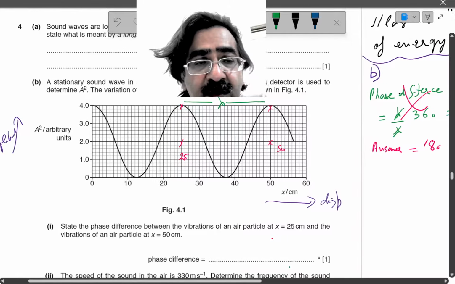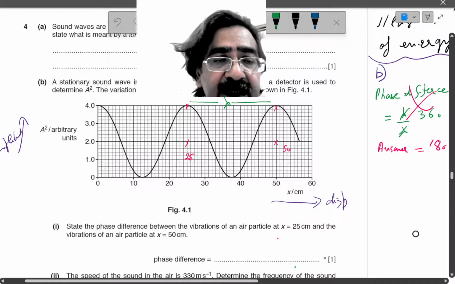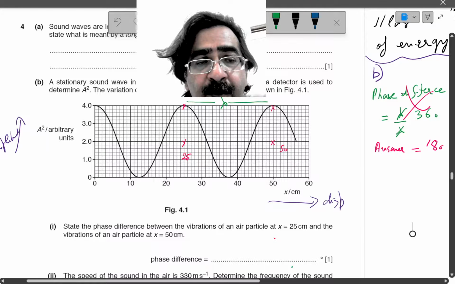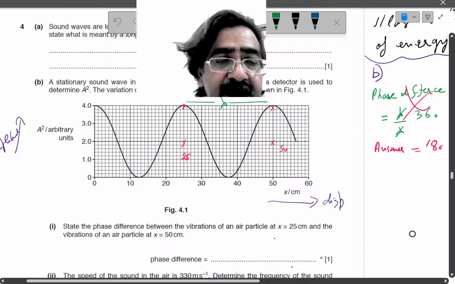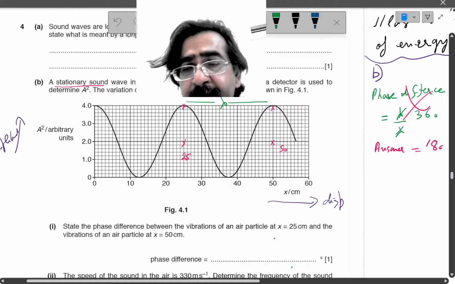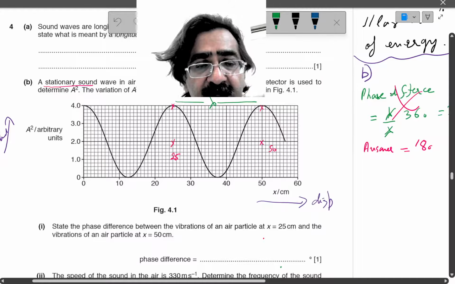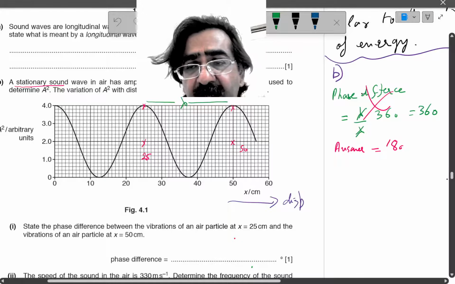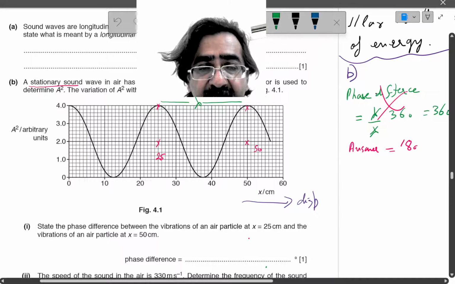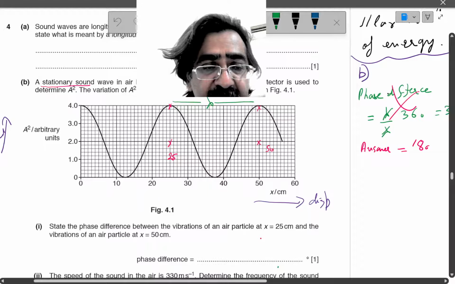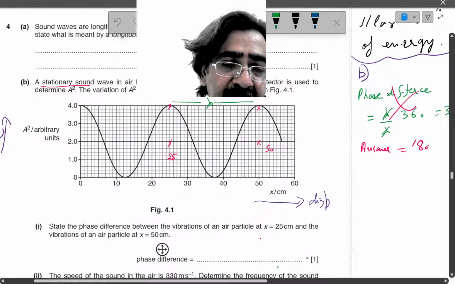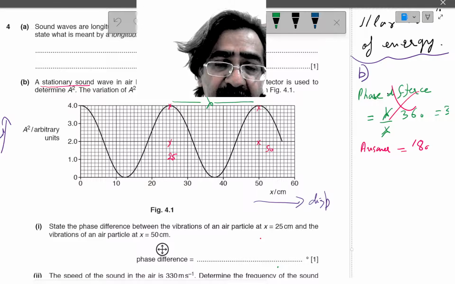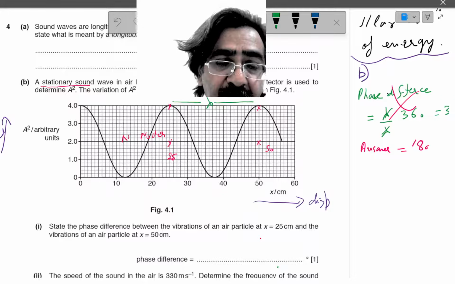Why is this wrong? The problem is that this is not a traveling wave. This is a stationary sound wave. But that is not the only problem. Even for a stationary wave the answer would be 360, but if we look closely, this point is not zero.